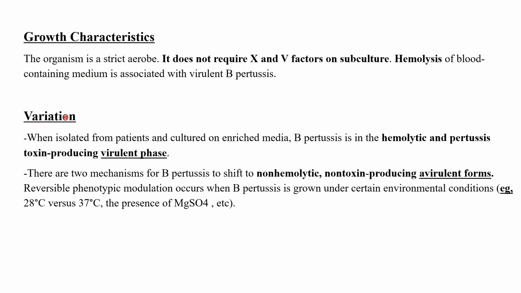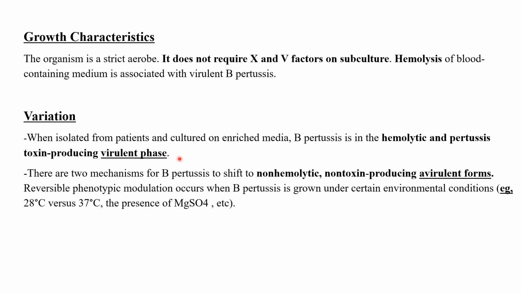Variation. We have two phases of Bordetella pertussis, the virulence phase and the avirulence phase. Virulence phase: when freshly isolated from the patient and cultured on a rich media, Bordetella pertussis is in the hemolytic and pertussis toxin producing virulence phase.